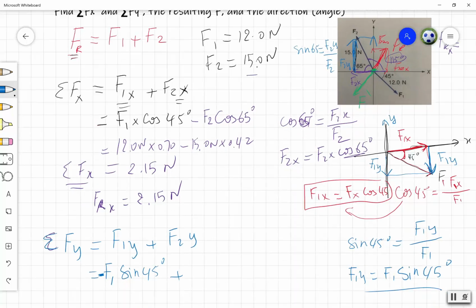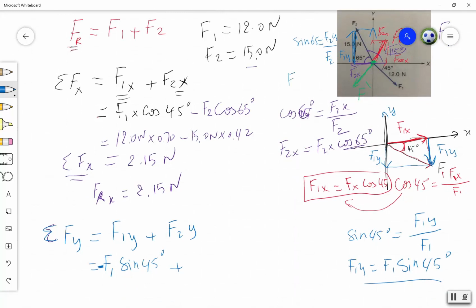So from here, F2y equals F2 sine 65, so plus F2 sine 65 degrees. And since sine 45 equals cosine 45, it is minus 1.12 Newton times 0.42.